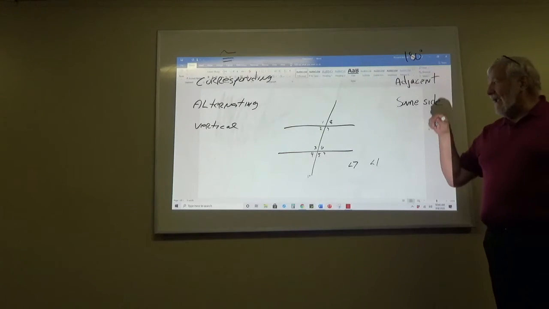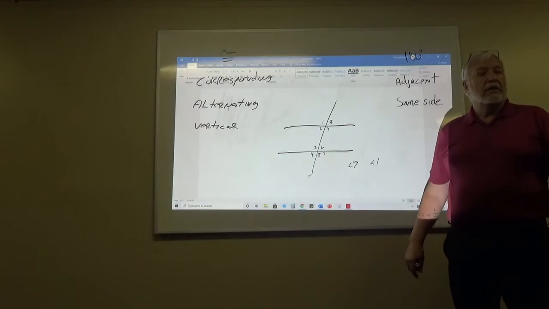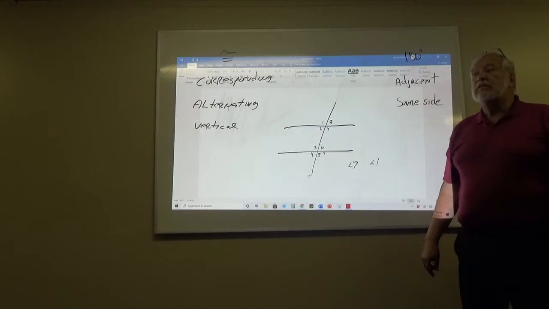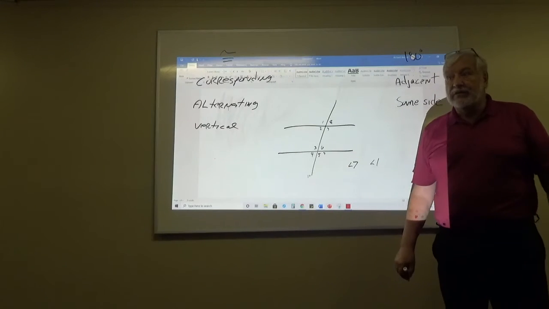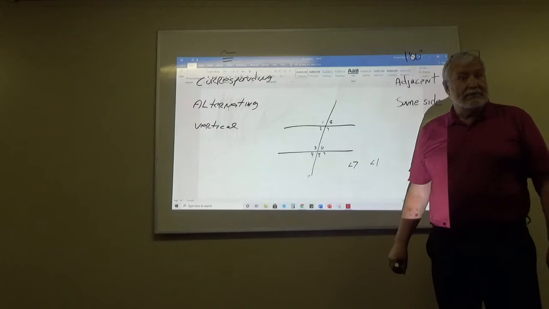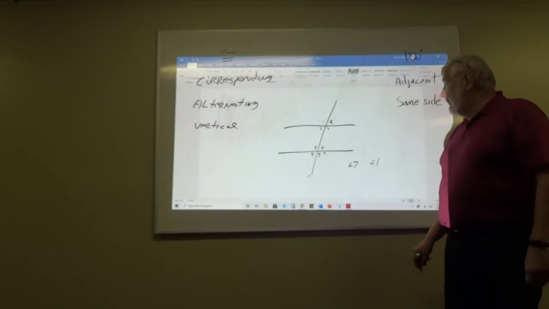By name, they are vertical angles. Why? Because they are across the vertex from each other.